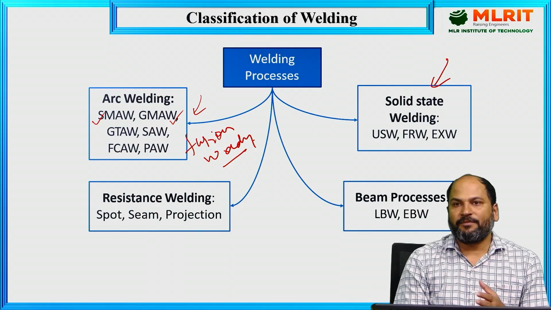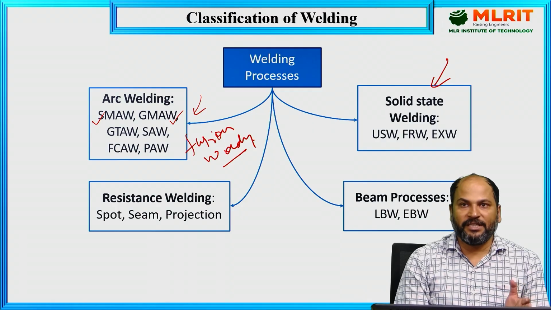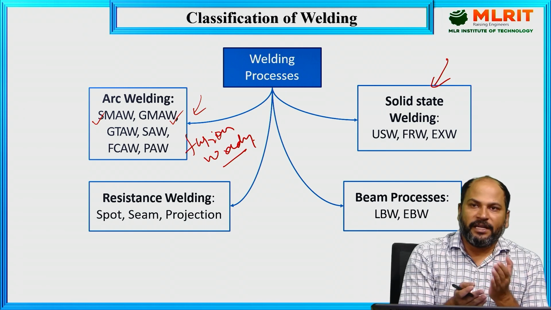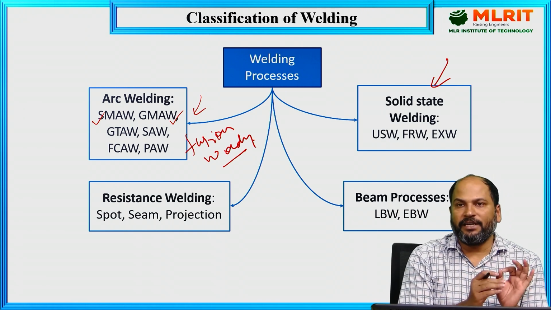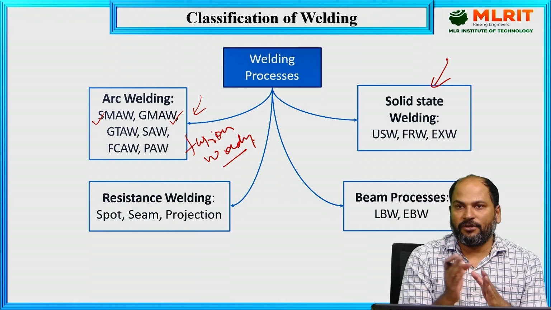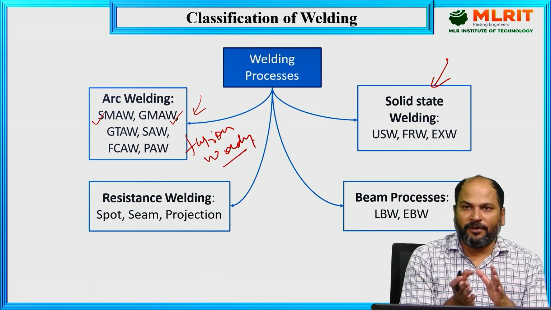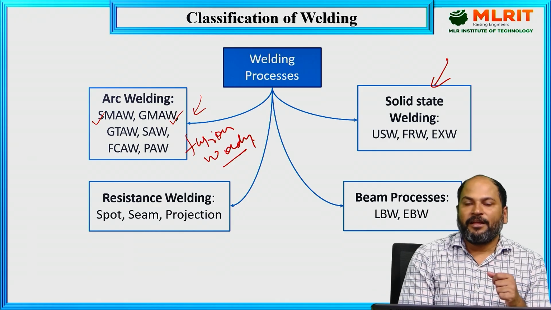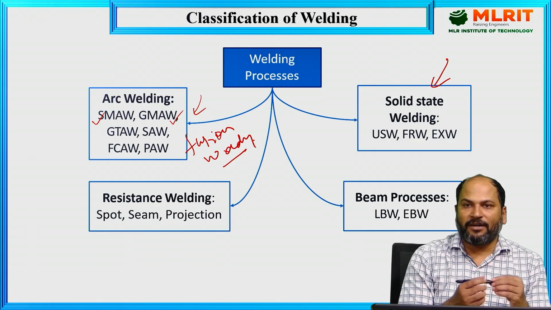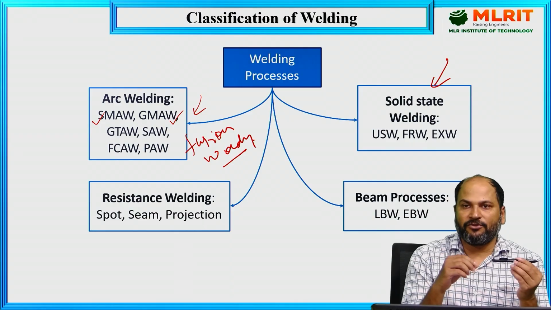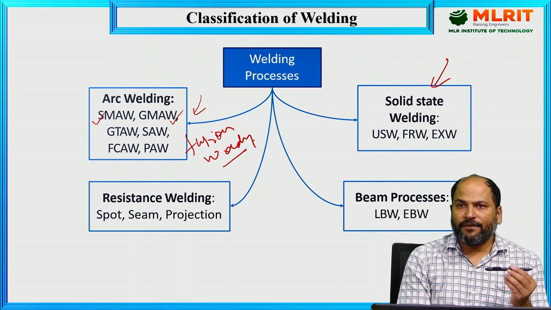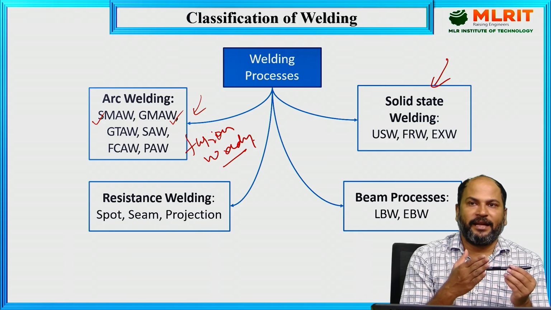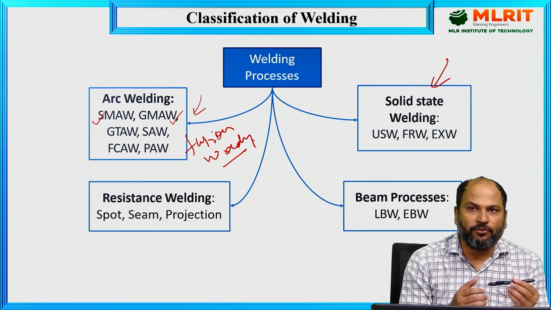Another type is which is known as solid state. Solid state means here material is not going to change its state, means two plates which are solid, suppose we are going to weld together, after welding or during welding also they will remain in solid state. It's not going to change its state from solid to liquid or other form of matter. An example is friction welding. If we are joining two cylindrical parts with the help of friction welding, because of the friction, heat will be generated. That heat, and of course pressure at the last, will be used to join the two parts.